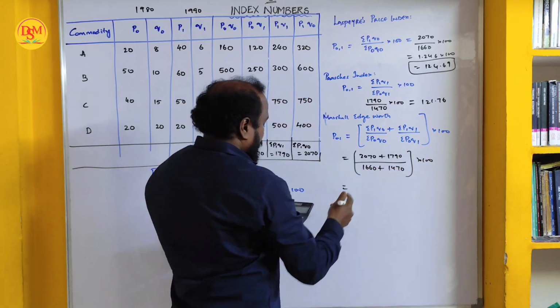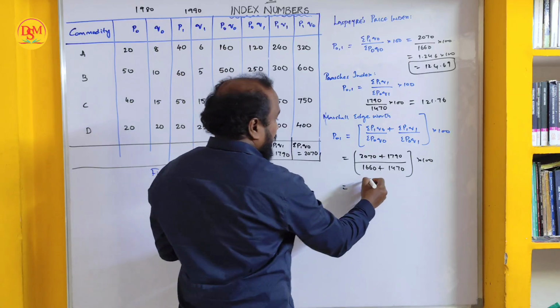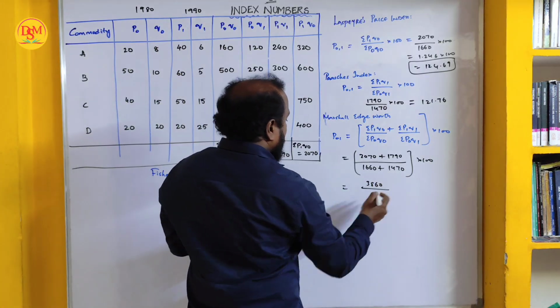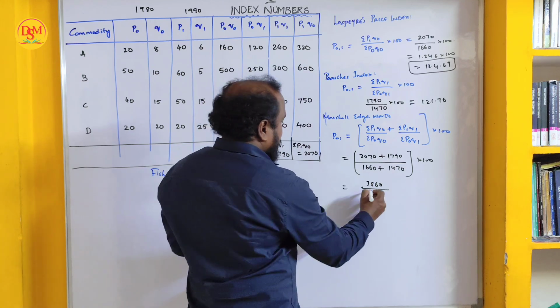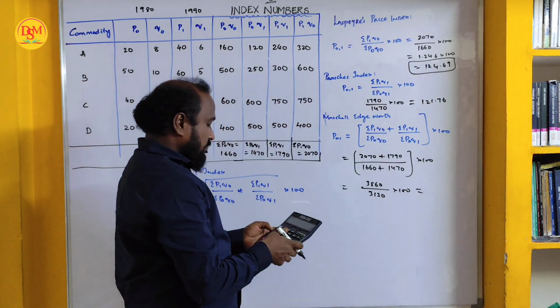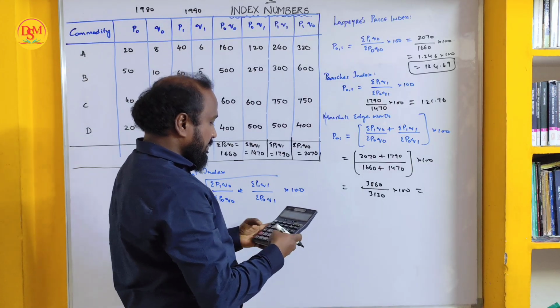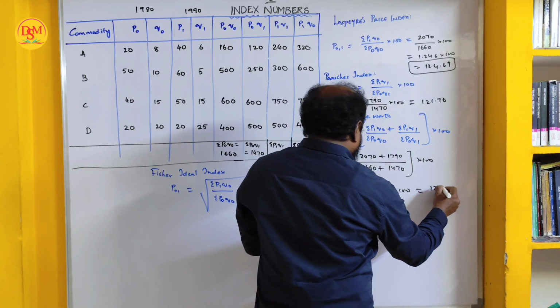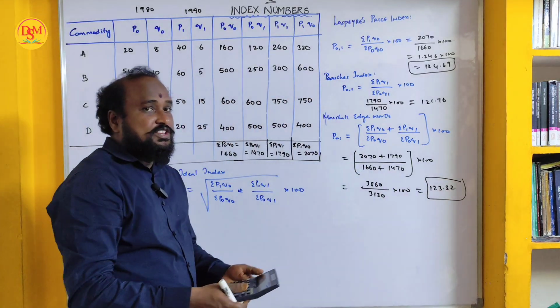So 2070 plus 1790 is 3860, divided by 1660 plus 1470, 3130, into 100. So 3860 divided by 3130 into 100 is 123.32. This is the value as per Marshall Edgeworth.